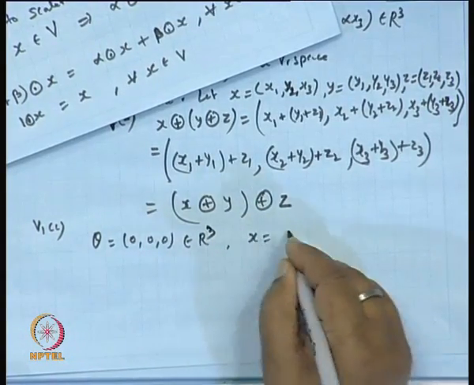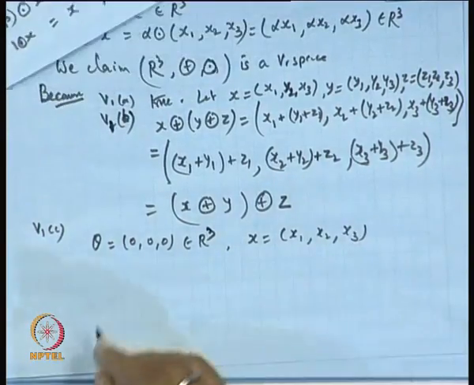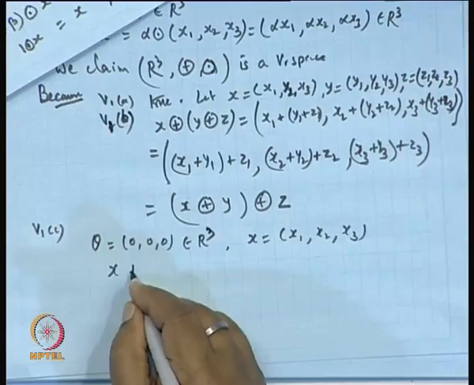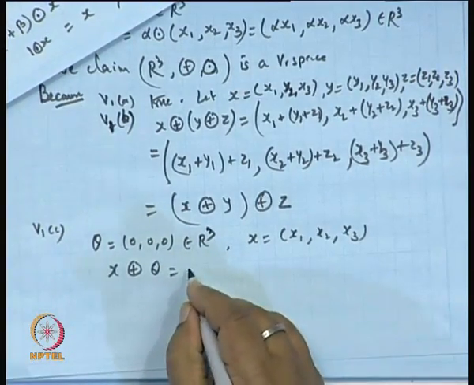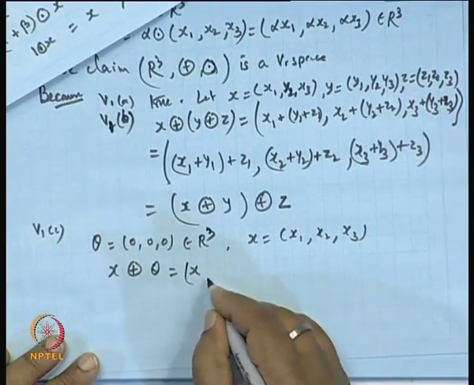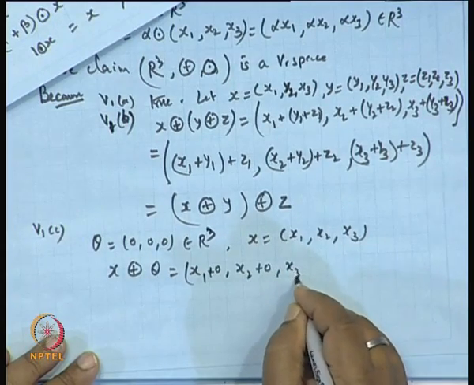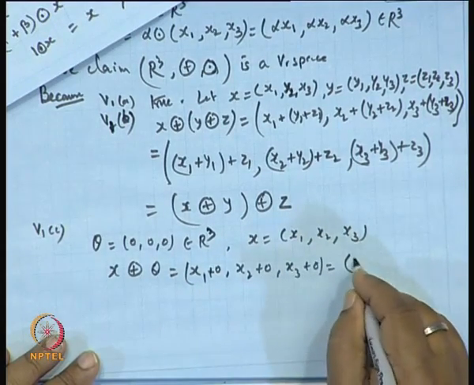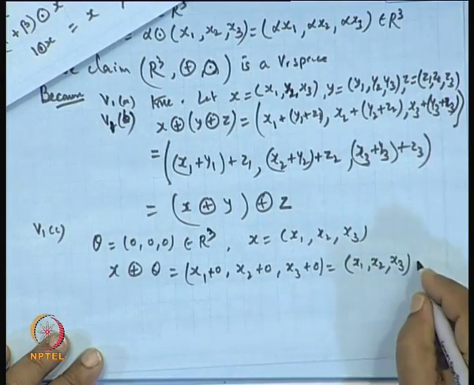If we take x as x 1, x 2, x 3, then x plus theta is the same as x, okay, because it is nothing but x 1 plus 0, x 2 plus 0, x 3 plus 0, that will be the same as x 1, x 2, x 3, that is equal to x.